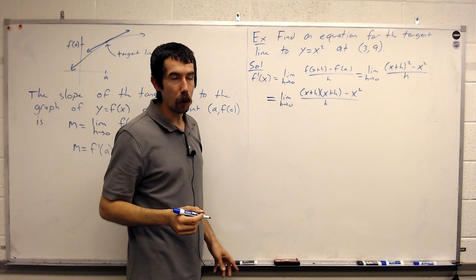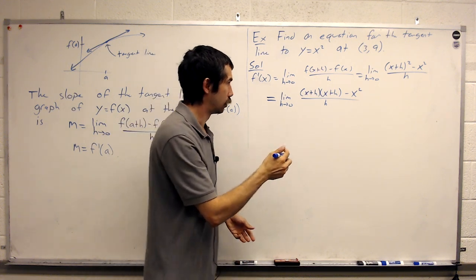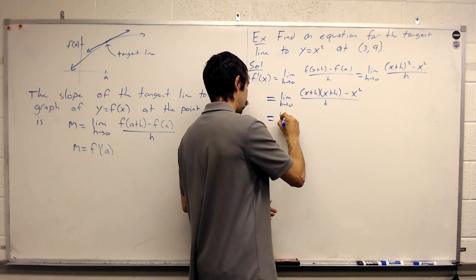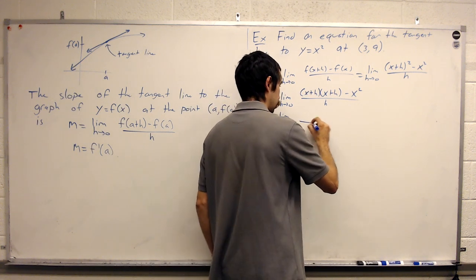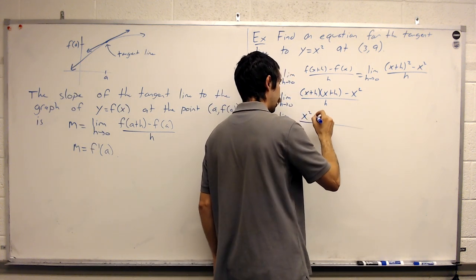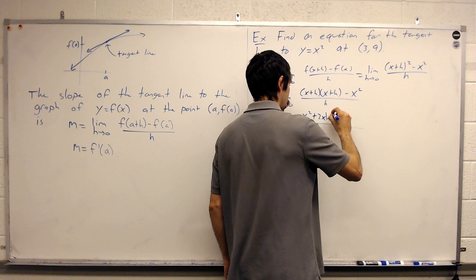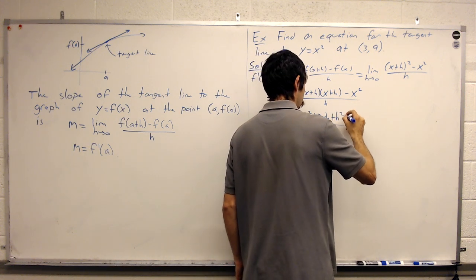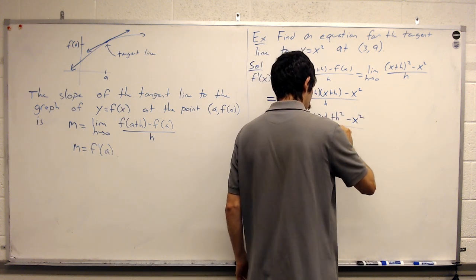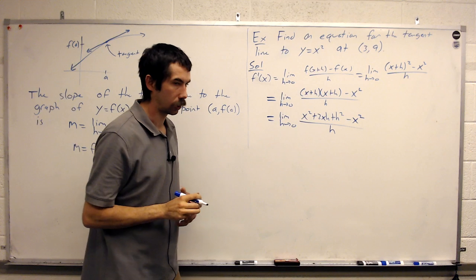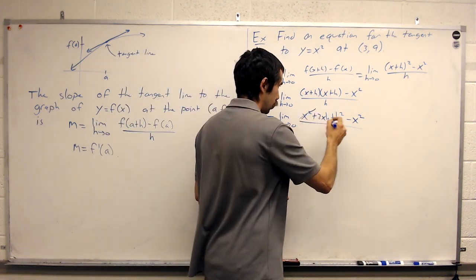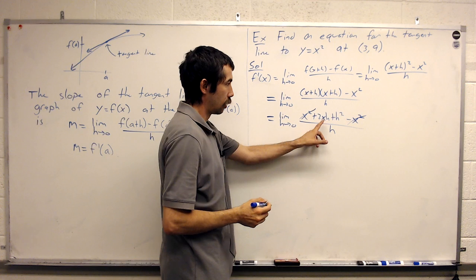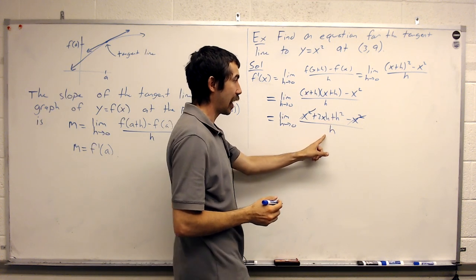And then we could do some foiling, right? Distribute it out. This is equal to the limit as h goes to 0, x squared plus 2xh plus h squared minus x squared all over h. x squared minus x squared. 2xh plus h squared over h.